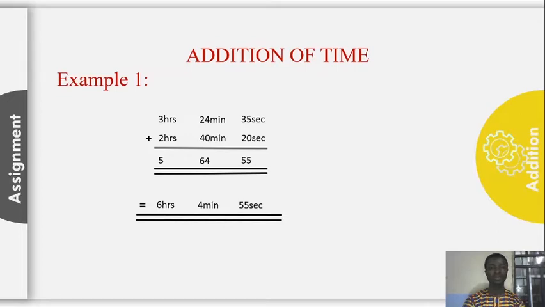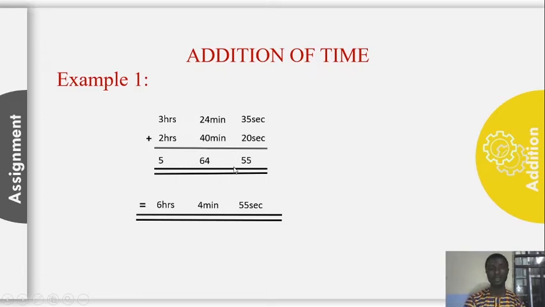See it written, 55 seconds. You move over. 24 minutes plus 40 minutes. Let's see. 4 plus 0 gives you 4. And 2 plus 4 gives you what? 6. We have 64 minutes. Let's go back to the hour. 3 hours plus 2 hours gives you 5 hours.